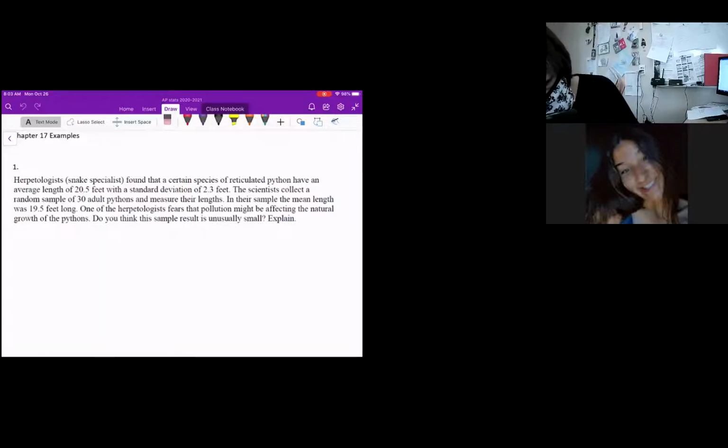So for the conditions, for independence, we needed to either say that each snake is independent or a random sample. Well, in the problem, they collected a random sample.